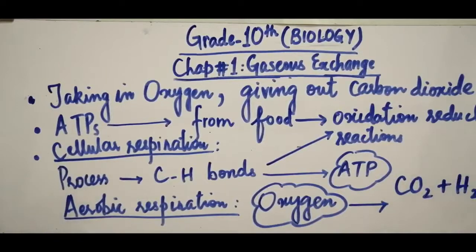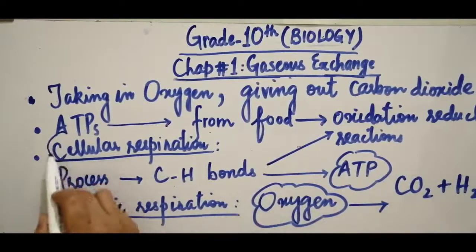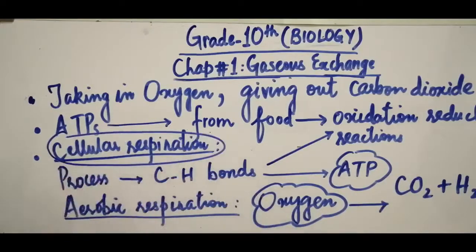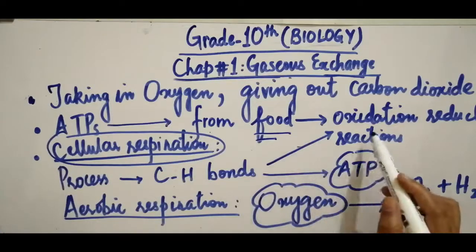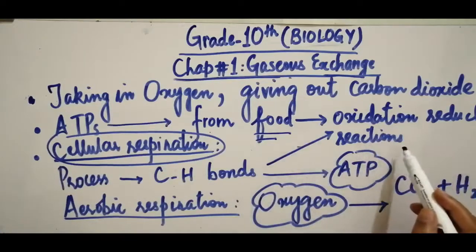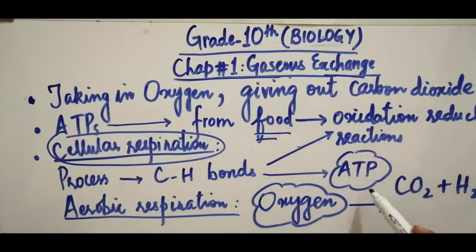So finally we can say that cellular respiration is a process in which the carbon-hydrogen bonds present in our food are broken down by oxidation reduction reactions and transformed into the high energy currency of the cell called ATP, and this reaction also requires oxygen to produce carbon dioxide and water.